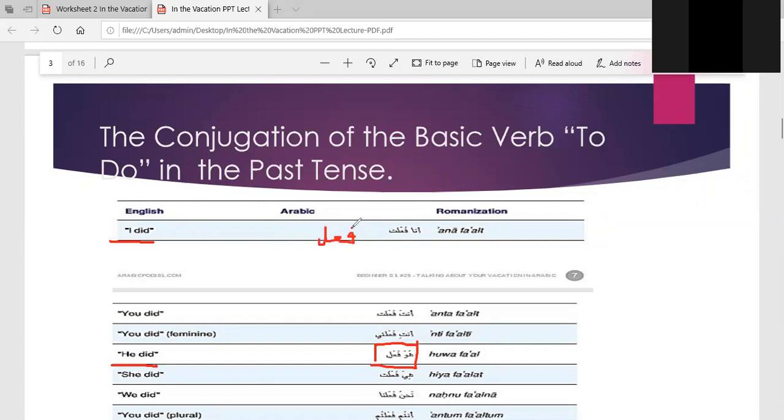What do you add to it to become? يلا. أنا. Yes, say it. أنا فعلت.